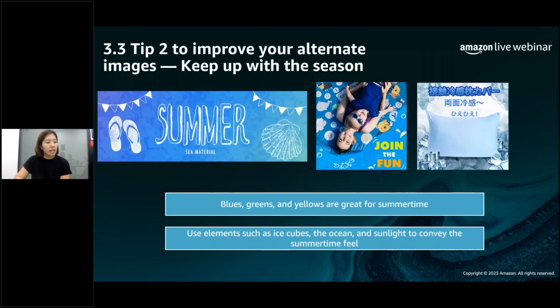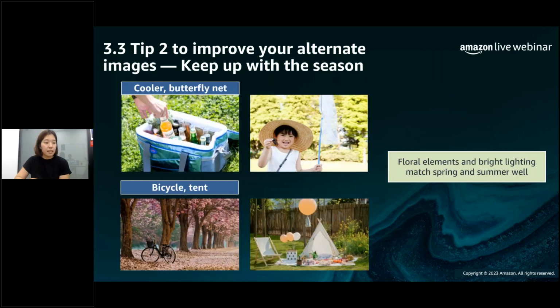And that being said, if you want to adapt to the season, for summertime, you want to hit blue, green, yellow, very cool colors. For spring, where you go to the park, you want to have a nice cooler and butterfly nets, or bicycle and tent, this kind of photos.